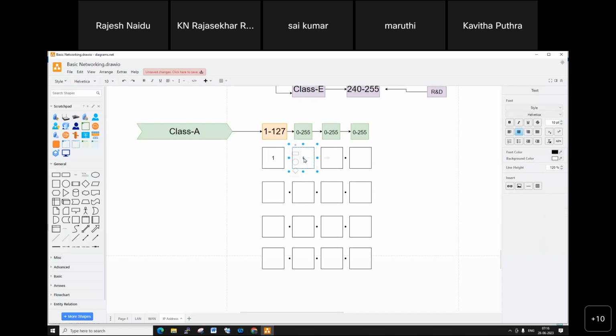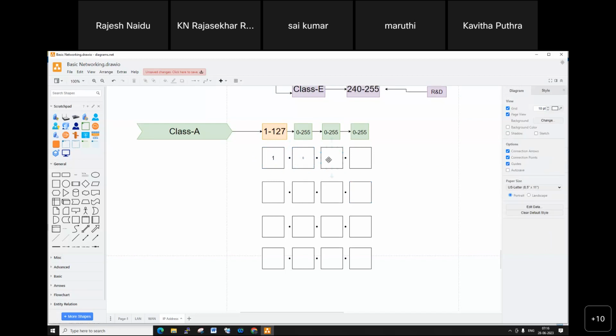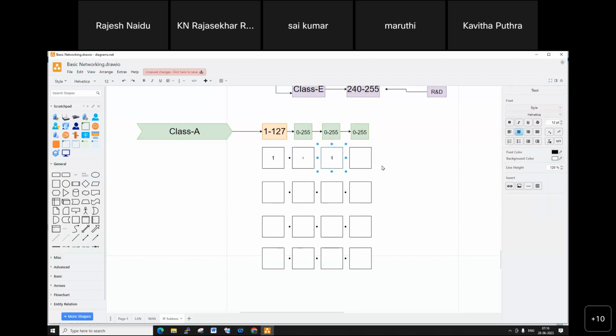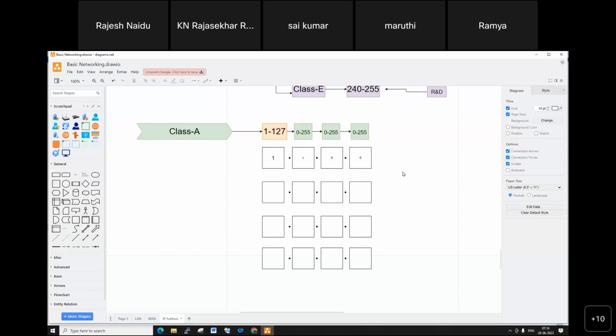1.0.0.0. This is the way an IP address will be created.